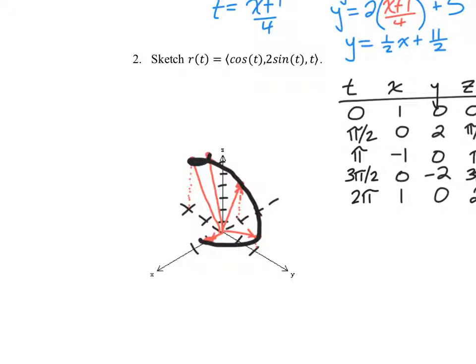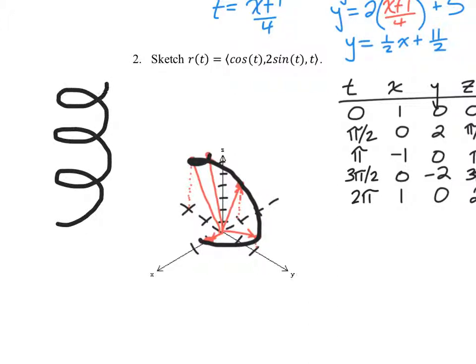I screwed that up already. Coil, yeah, exactly. And then going on as much as you want. If you look at it from the top, it'll just be a circle. An ellipse. Right, it would be the two-dimensional rendering of it.